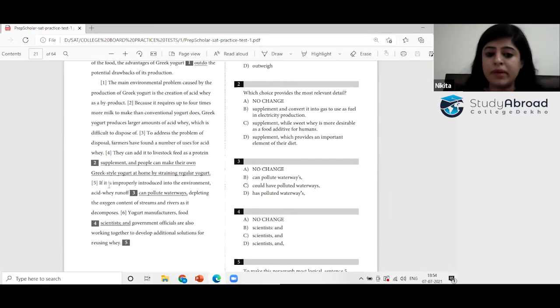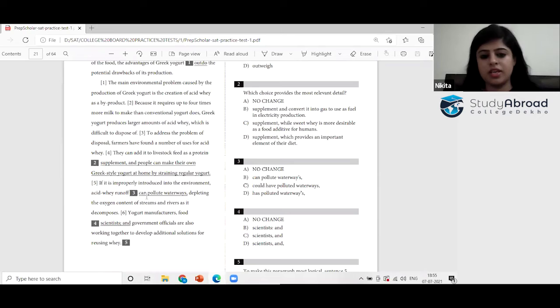If it is improperly introduced into the environment, acid whey runoff can pollute waterways, depleting the oxygen content of streams and rivers as it decomposes. So now the situation is given: if it is not properly disposed of, then what hazardous things can happen? It can pollute waterways, it can deplete the oxygen, and so on.